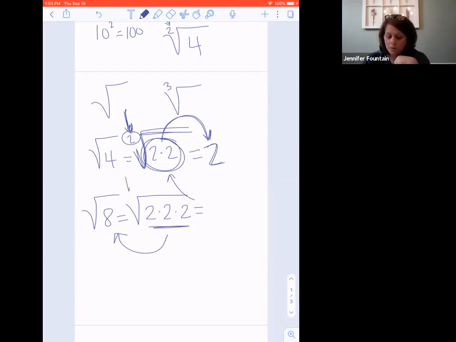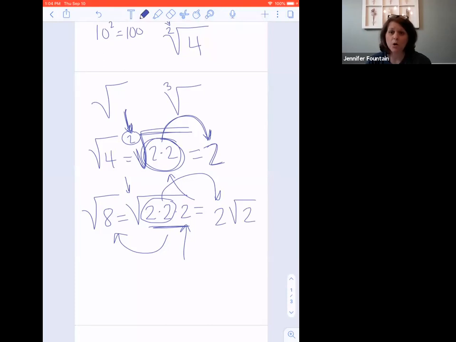Now remember, my understood number there is 2. That's called my index. My index is 2, so that means there have to be 2 buddies for one group to go outside. So I circle my buddies so they get to go outside. But this poor guy right here can't go outside because he doesn't have a buddy, so he has to stay in the house.